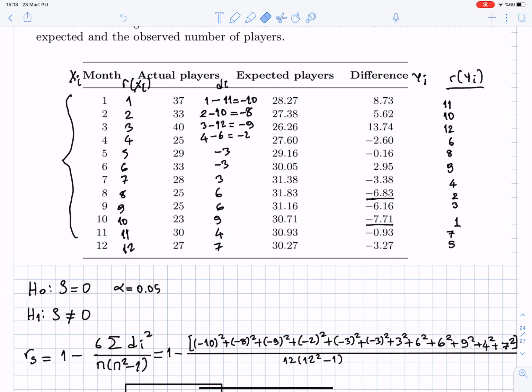This type of correlation coefficient is usually called a non-parametric correlation coefficient, and the most well-known is the Spearman.